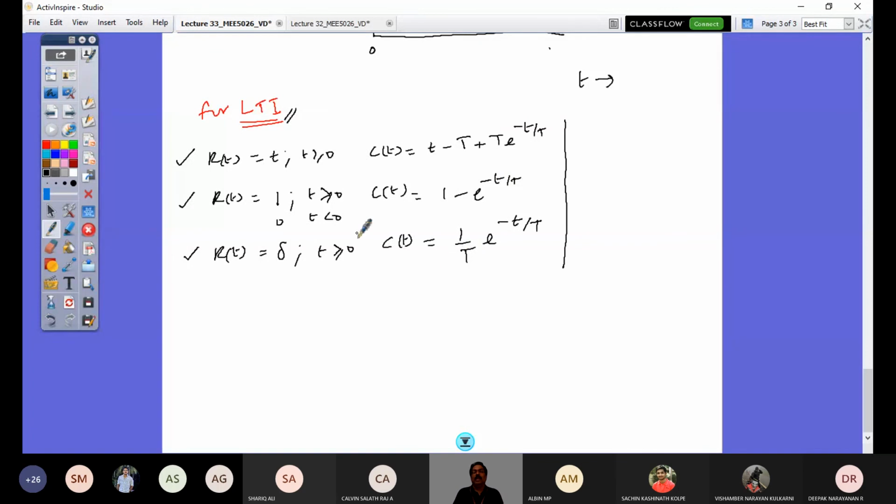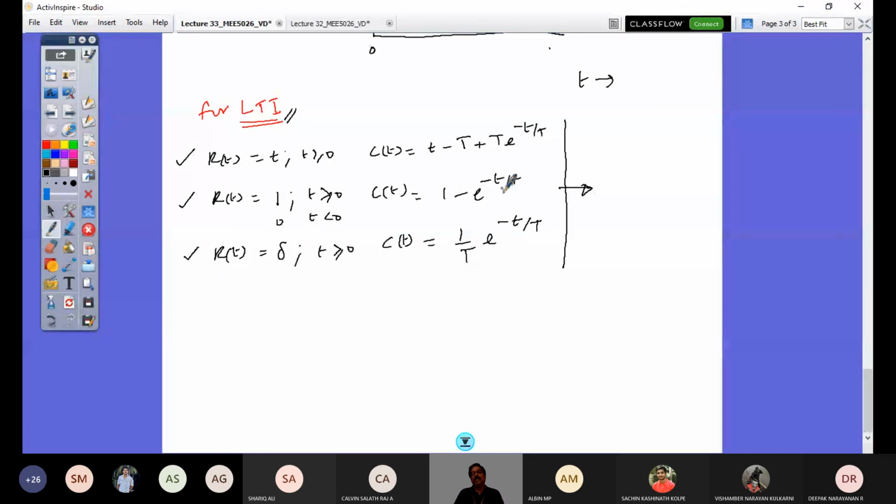So if we are having a response obtained through a test, for example, you take your vehicle and give your unit step steering input and you get your response, and your system is analytically represented as an LTI system like the bicycle model, then what you would do is simply differentiate the output response to get your system characteristic function, that is the unit impulse response, and take its Laplace transform, you get your transfer function, and vice versa.